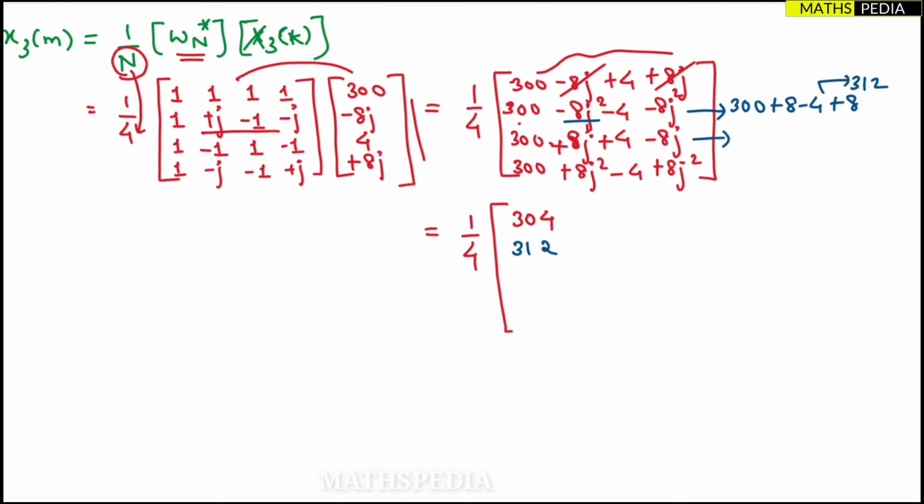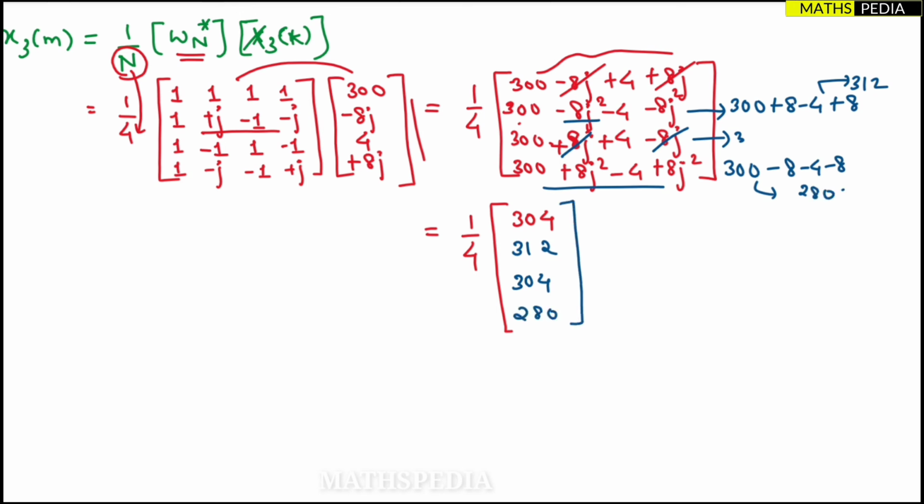The third row, here we can see again 300, so here is direct cancellation, plus 8j minus 8j get cancelled, 300 plus 4 again it will be 304. Okay, the last row, we can see here again 300, this will be minus 8, minus 4, minus 8, right? So 300 minus 8 minus 4 minus 8 will be 280, correct? So here I'll put 280.